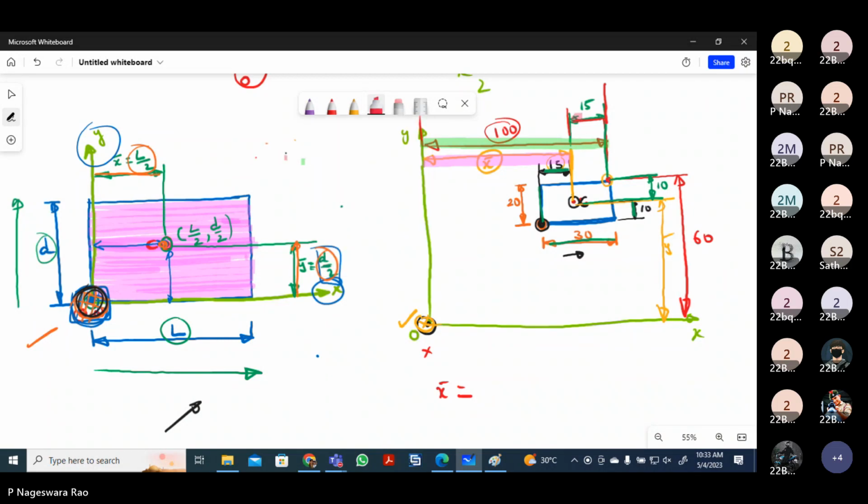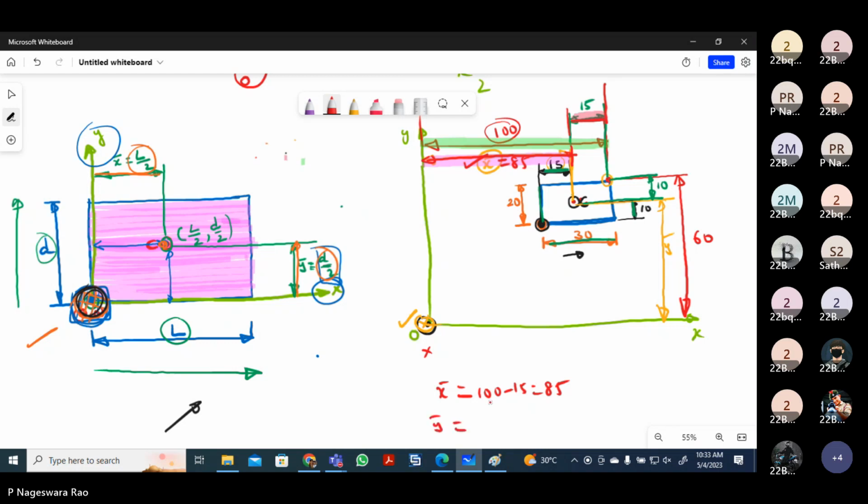This distance is 15. I need this distance. So then it will become 100 minus this 15. That means this distance will be 85. Like this, we need to calculate the coordinates from the axis.